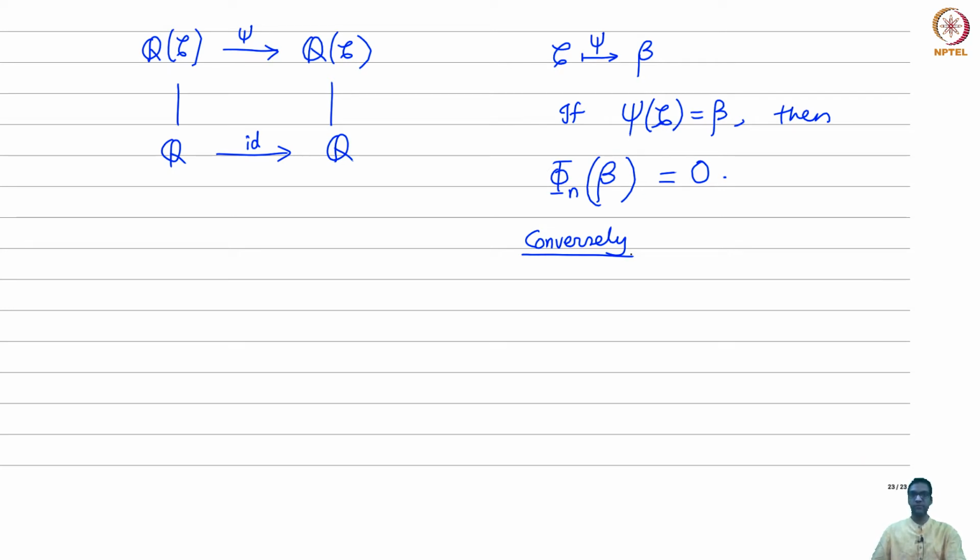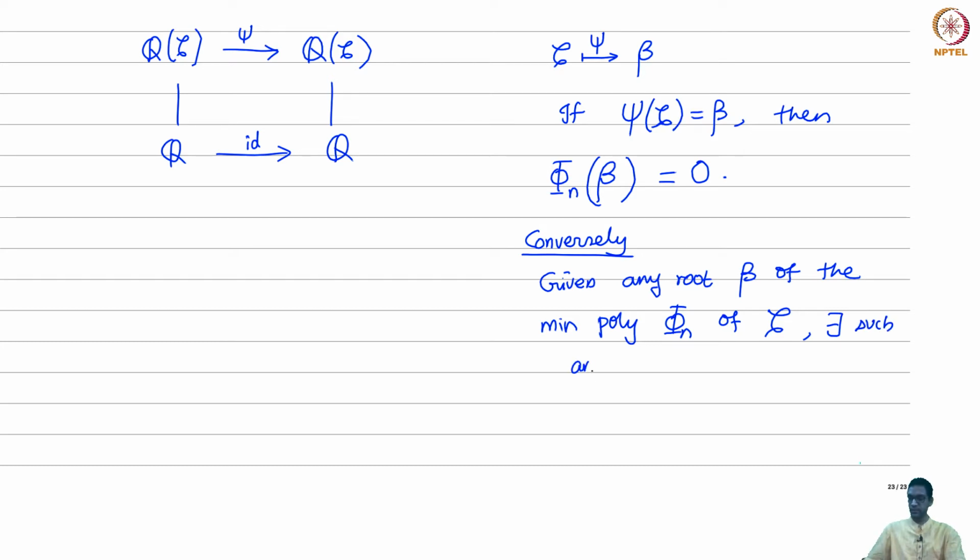These are facts that we have proved before. Conversely, given any root beta of the minimal polynomial, which in this case is phi_n, there exists an automorphism mapping zeta to beta.